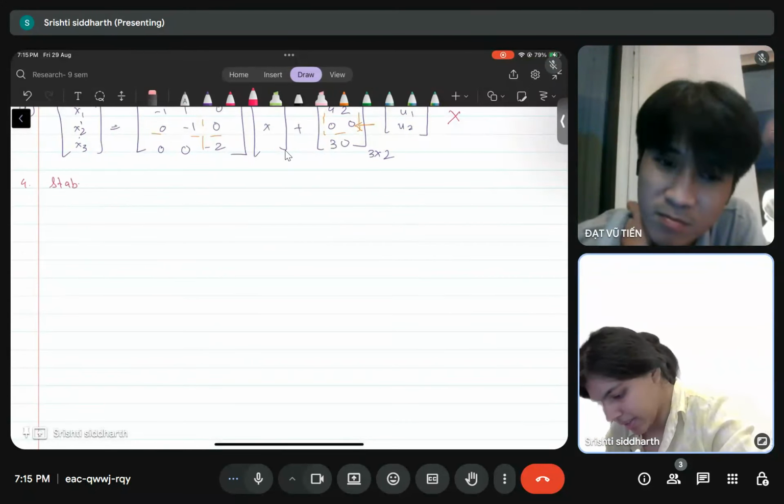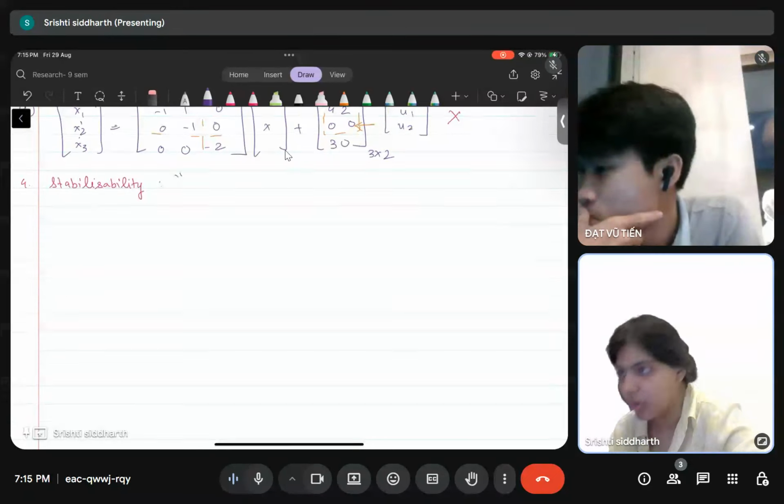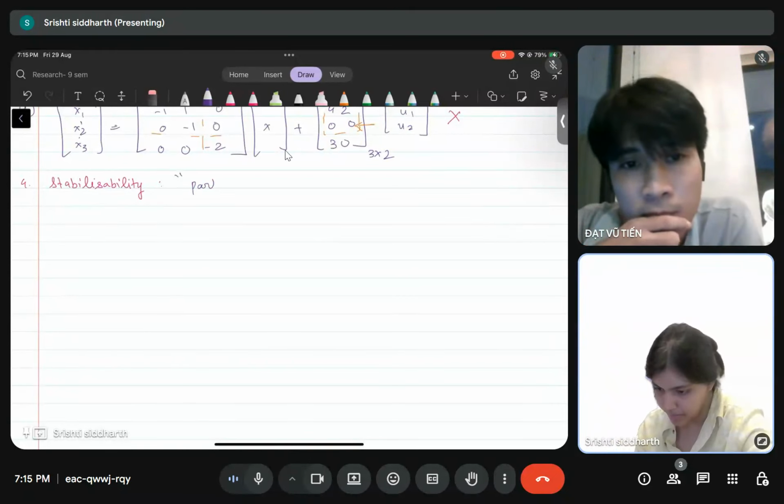Now we look at stabilisability, the last section: stabilisability for partially controllable systems.